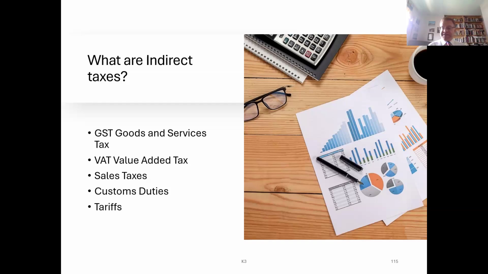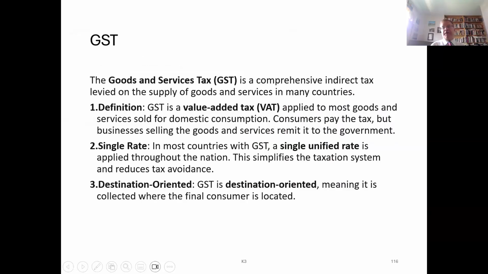The GST is a comprehensive indirect tax levied on the supply of goods and services in many countries. Comprehensive, but there are often exemptions and exclusions and special regimes. A GST is a value-added tax applied to most goods and services sold for domestic consumption.